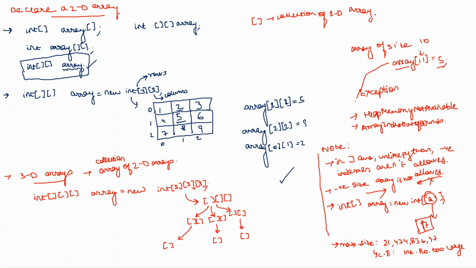This will give me an array index out of bounds exception. How to resolve it? Well, I have already taught you that, you should mention the index in the range of that particular array. The range of the array is from 0 to n minus 1, where n is the length of the array.